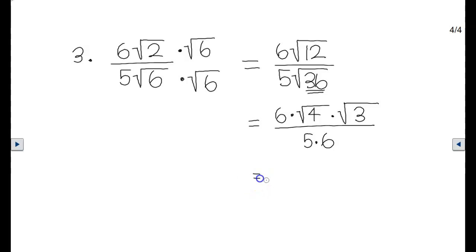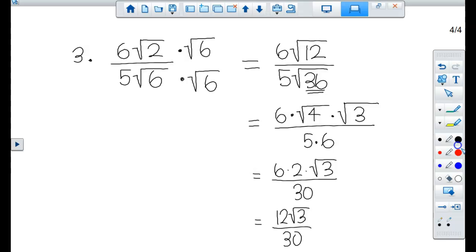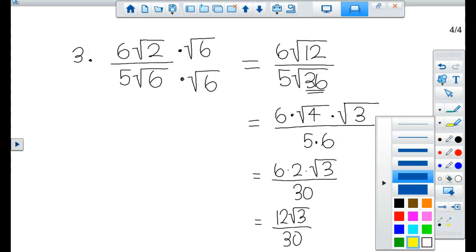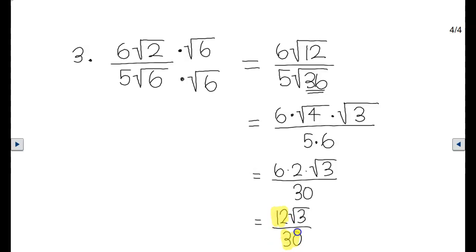So up top now, look what we have. We have 6 times 2 times square root of 3. On the bottom, 5 times 6 is 30. 6 times 2 on the top gives us 12 square roots of 3 over 30. Now, when you get to this point and it feels like you're done, check one more thing. Outside numbers, 12 and 30. Can they reduce?